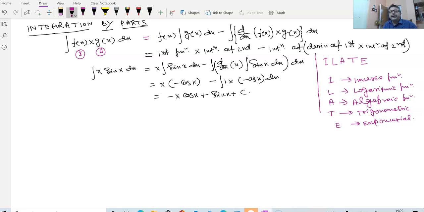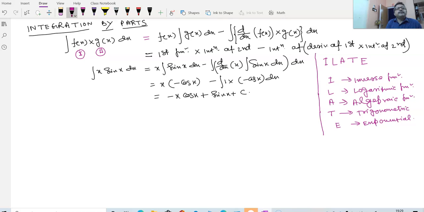So whenever you find a product of these functions, the first function will be decided in accordance with the sequence. Whichever comes first in the sequence will be considered the first function, and whichever comes second will be the second function. There is no third function here.